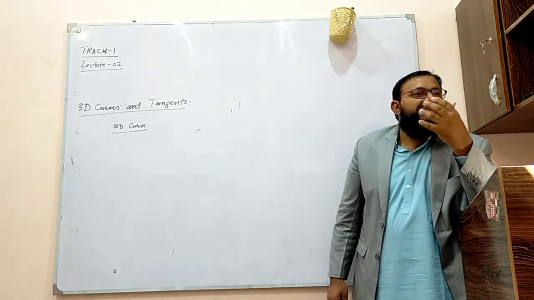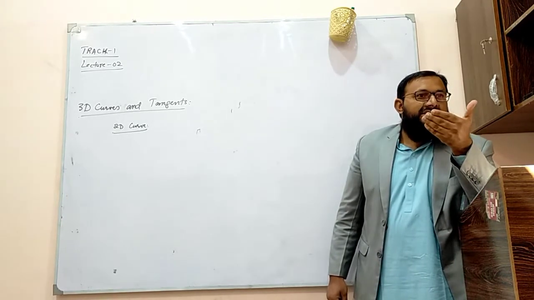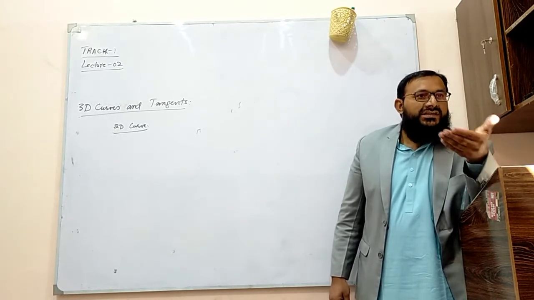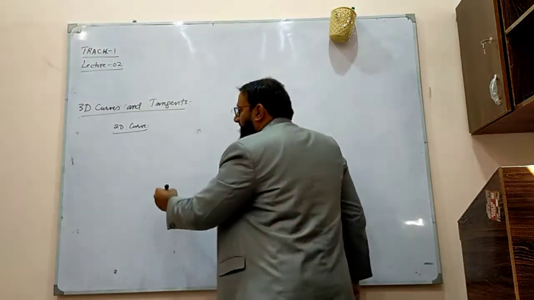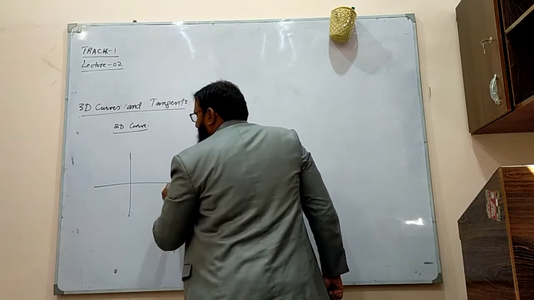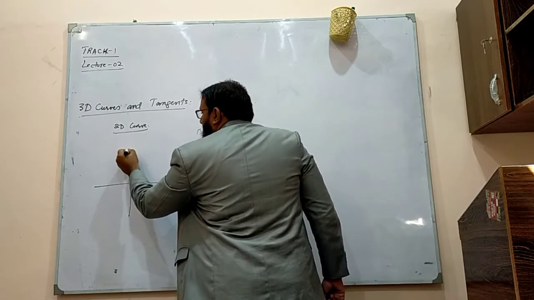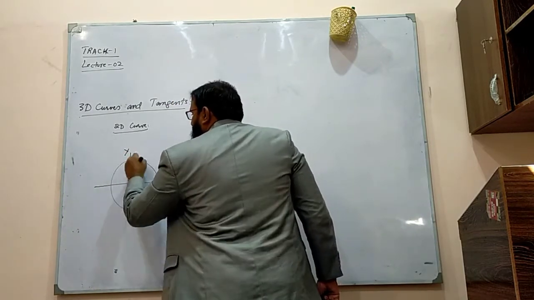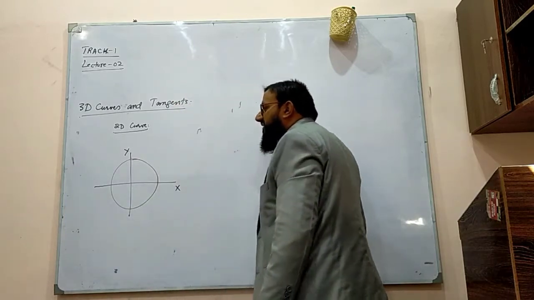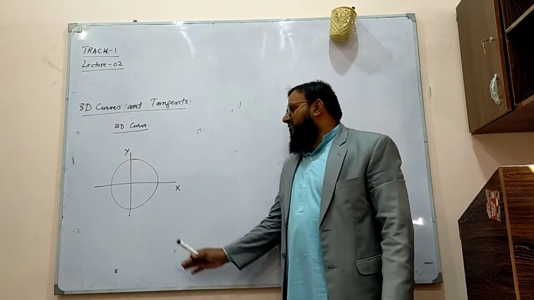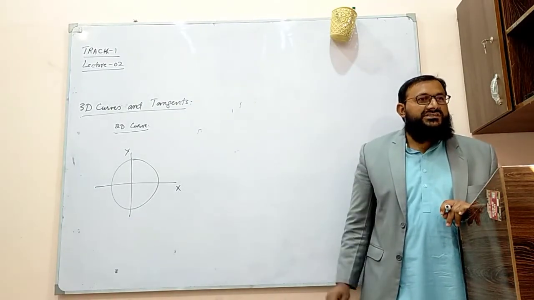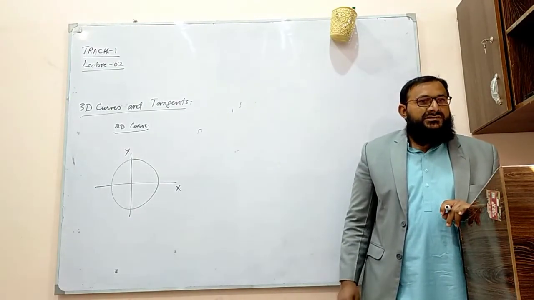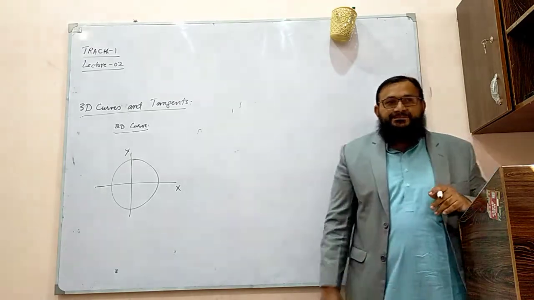So we make a one-dimensional shape, but that curve lies in either 2D or 3D. Whenever you see a 2D plane, like the XY plane, we take a circle. We know very well that this is a 2D shape as we teach our kids, but basically it's a one-dimensional shape that lies in a two-dimensional plane.